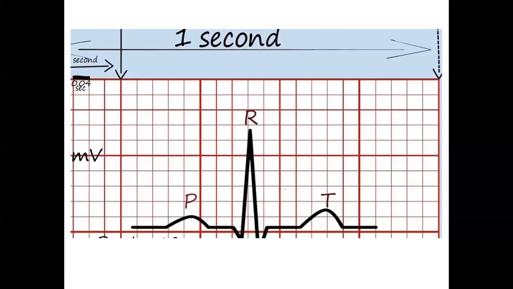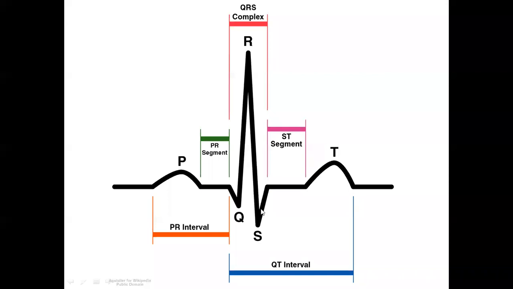The waves on an EKG include the P wave, Q wave, R wave, S wave, T wave, and U wave, right? See the normal EKG. In this picture, we can see the P wave positive deflection, R wave positive deflection, T wave positive deflection, but the Q wave and S wave are negative deflections.